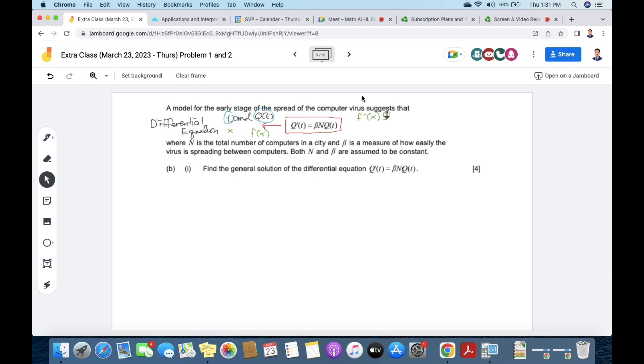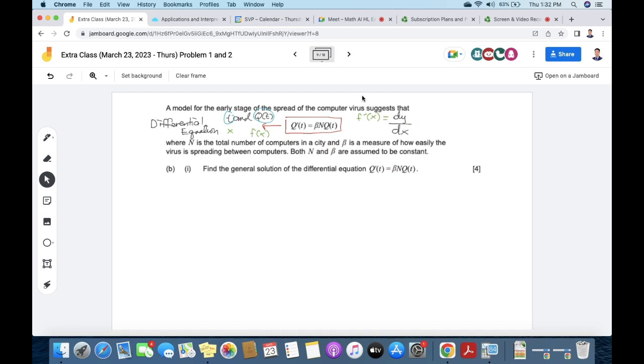Using y and x. F prime of x is the same as d blank over d blank. dy over dx. Do you follow?